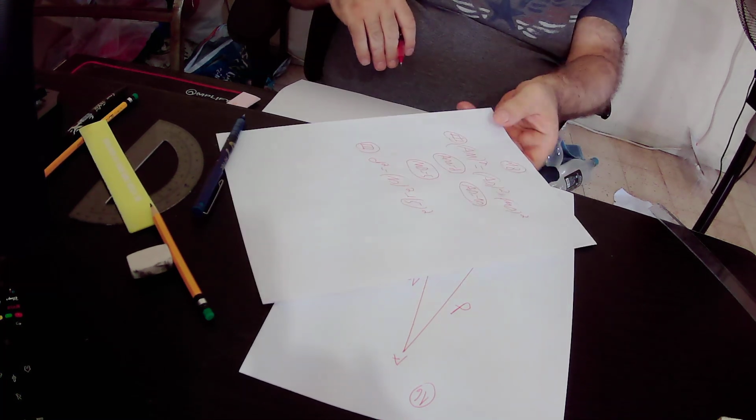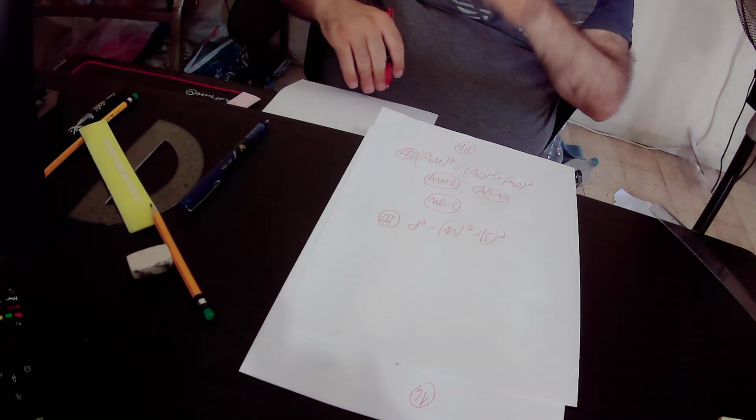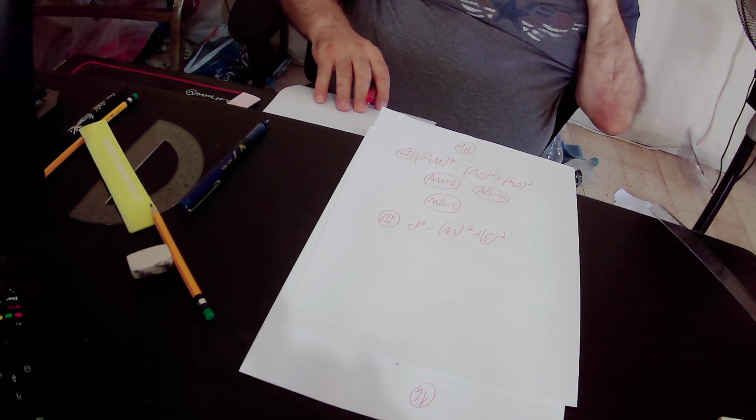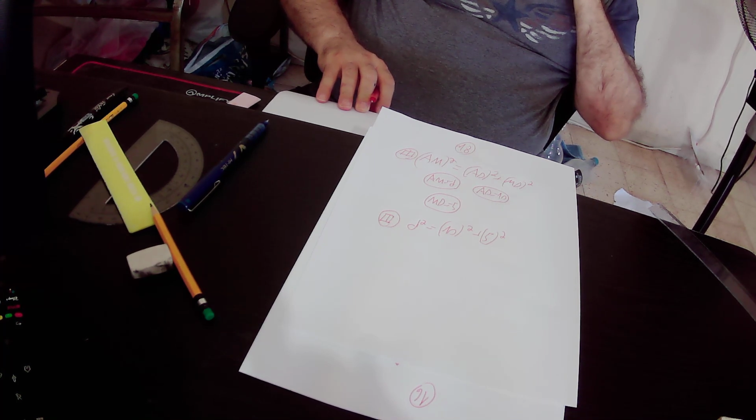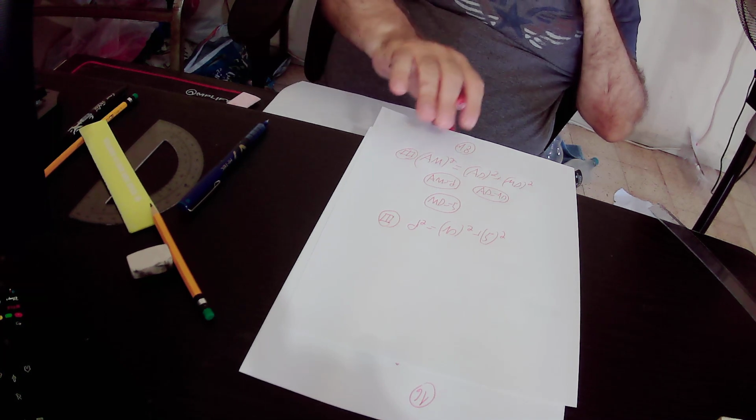Okay, so we got that d square equals 10 square plus 5 square. 10 square is 100 plus 5 square is 25. 100 plus 25 equals 125. I write it down.